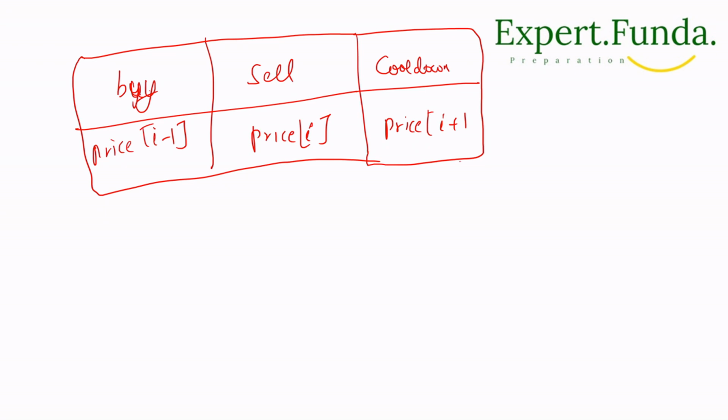So let's do it like this. The price goes on: price of I plus 2, and so on until price n.